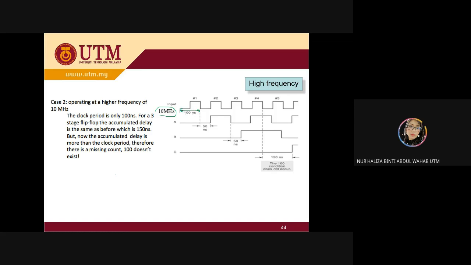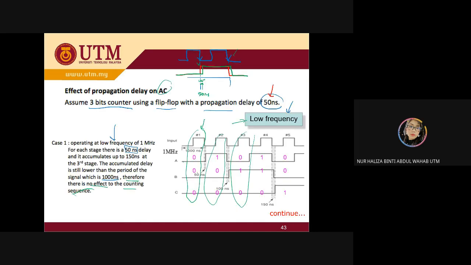You can see if you have 100 nanoseconds but your delay is 50 nanoseconds, which is half of your cycle. But with the 50 nanosecond delay and a big cycle, it only affects small things.